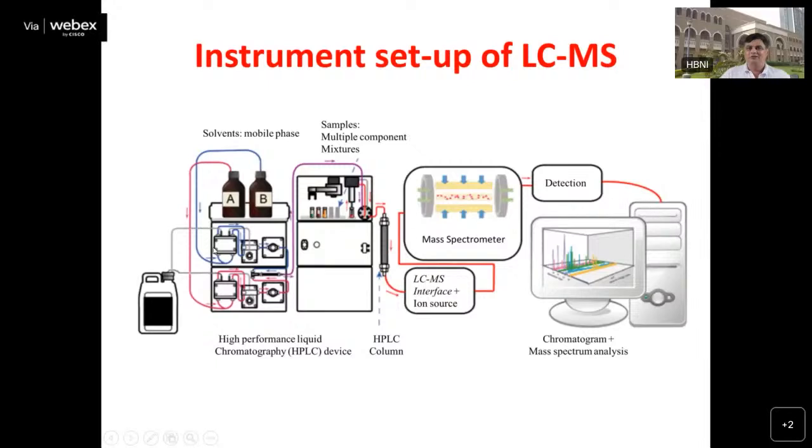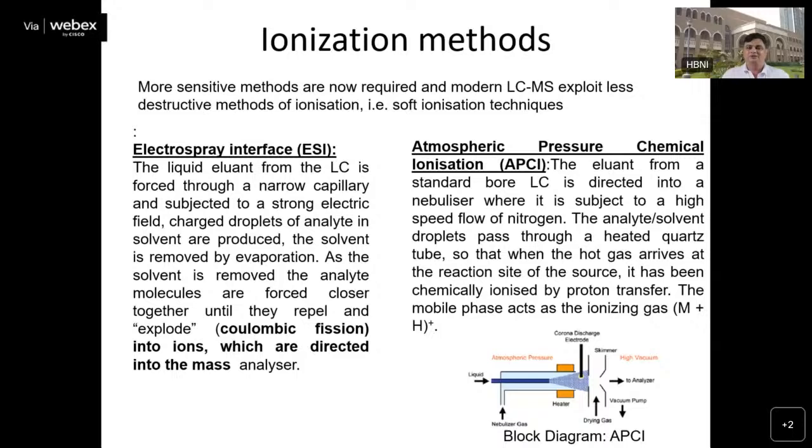So again, after separation of the sample by using the LC, it is ionized and then fed into the mass spectrometer, and that's how we do the detection. The ionization of the sample coming out from the liquid chromatography system can be done by using the electrospray interface, or we can use atmospheric pressure chemical ionization.